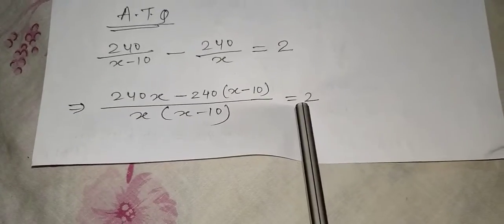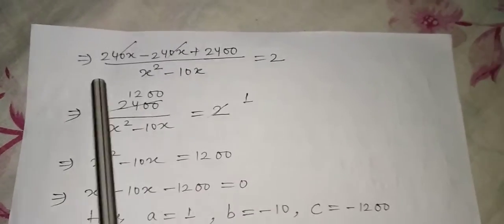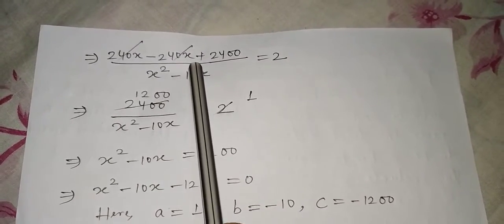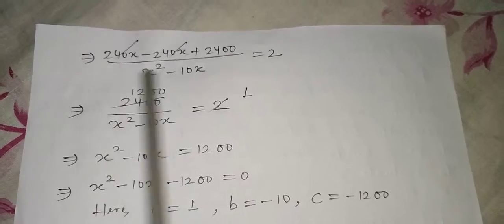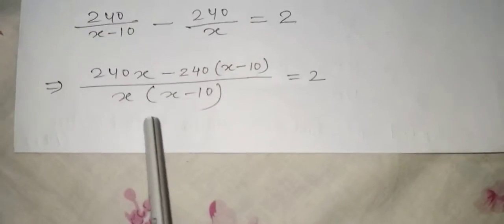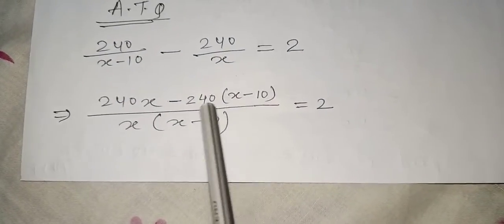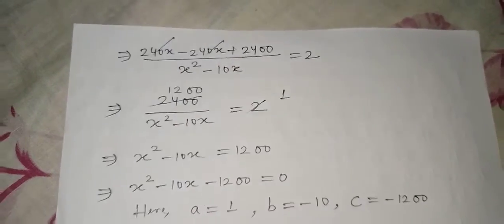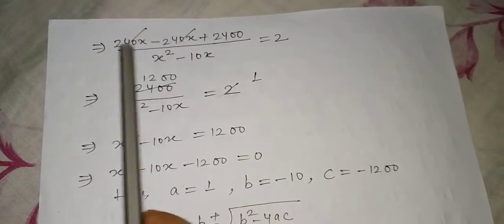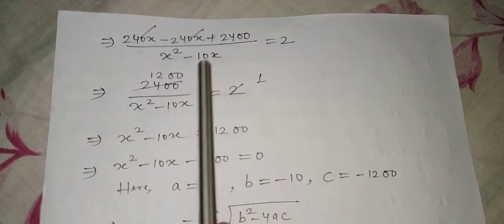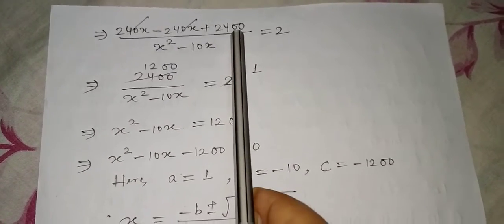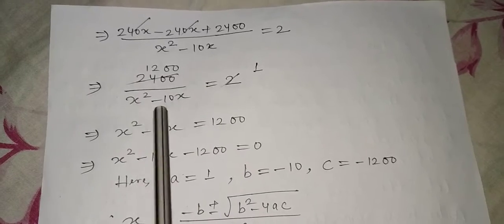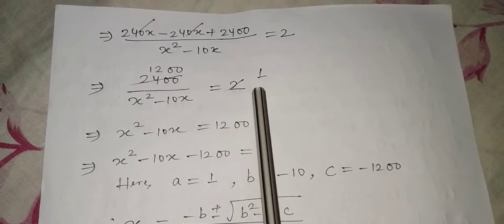So that way I got this result equal to 2. After multiplication, our result will be 240x minus 240x plus 2400, over x square minus 10x, and here minus into minus becomes plus. So the terms 240x and minus 240x cancel, and remaining is 2400 by x square minus 10x equal to 2.